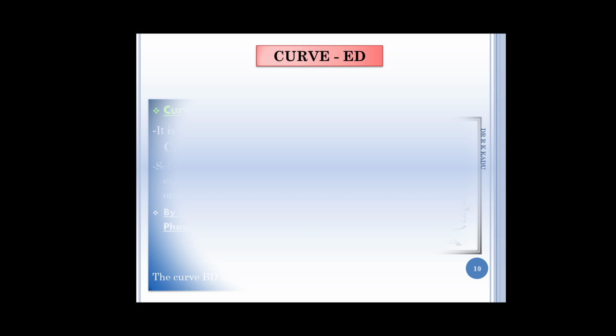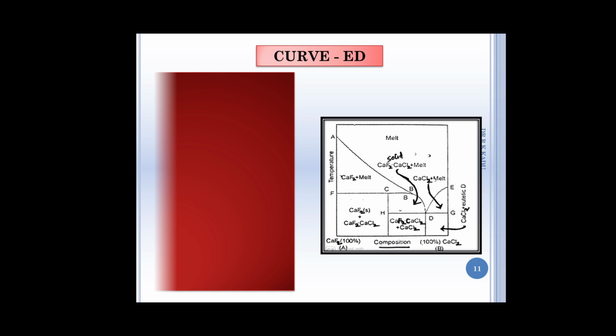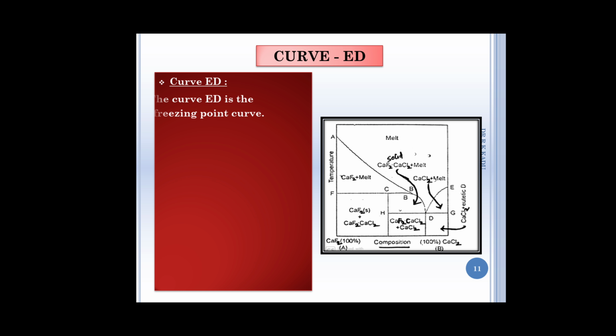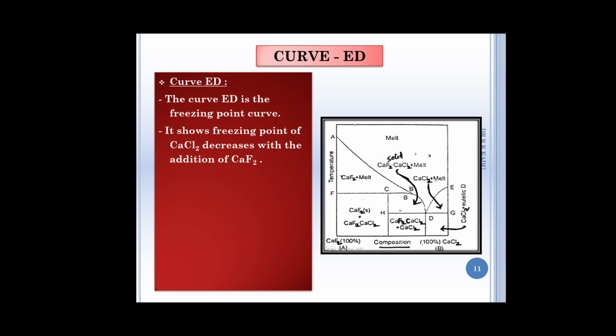The next and the last curve is curve ED. Here in this phase diagram, this is curve ED. Now, the curve ED is the freezing point curve. It is a freezing point curve. It shows the freezing point of CaCl2 decreases with addition of CaF2.